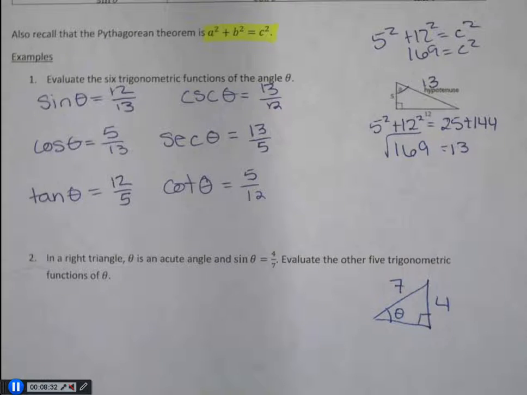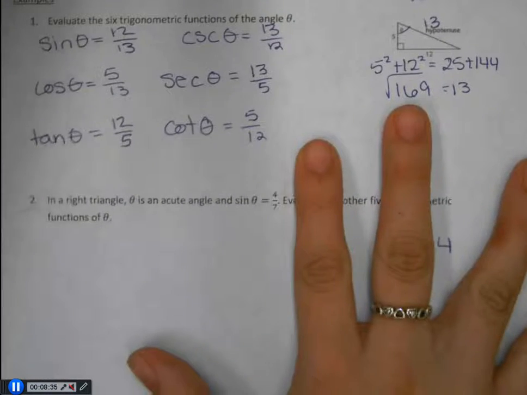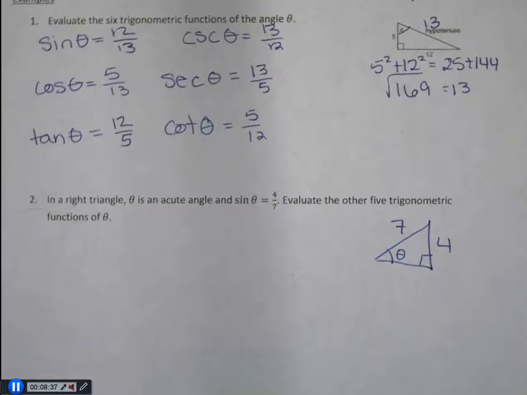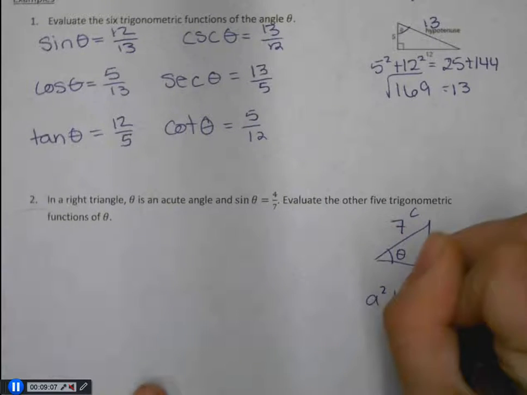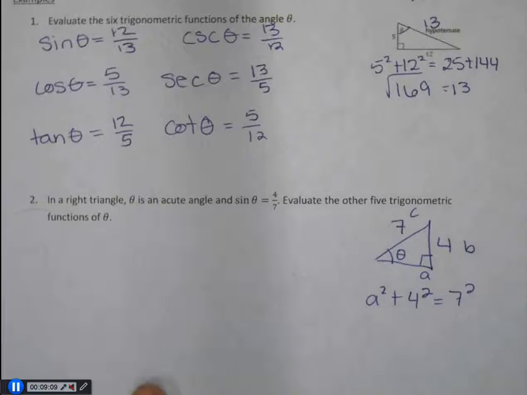Okay, so what do I need to do to solve this one? I'm going to plug into the Pythagorean theorem. This would be side length A, B, and C. So I have a squared plus 4 squared equals 7 squared.